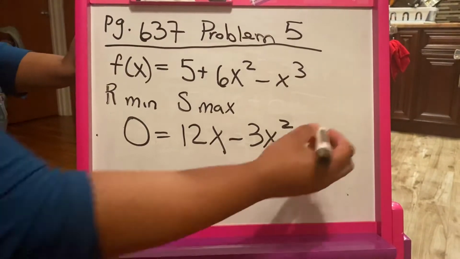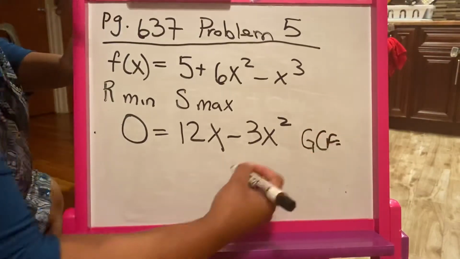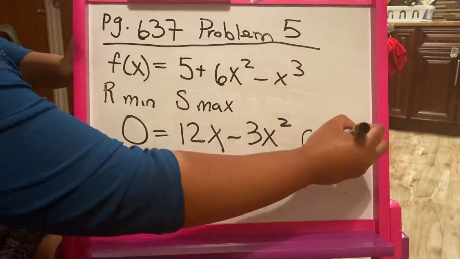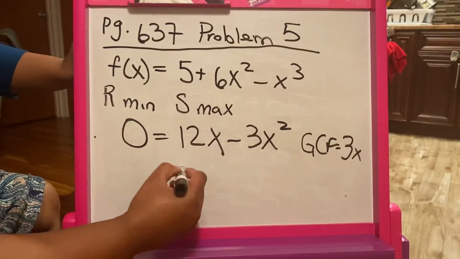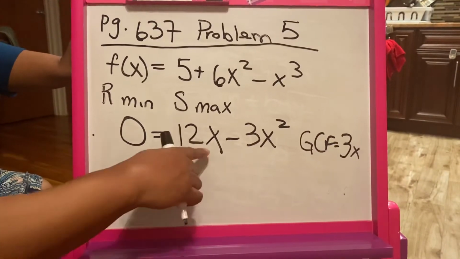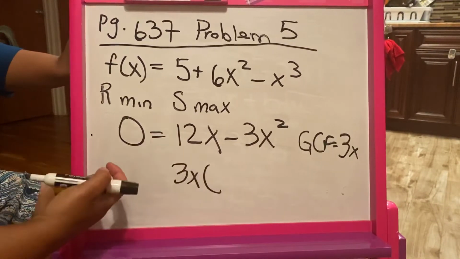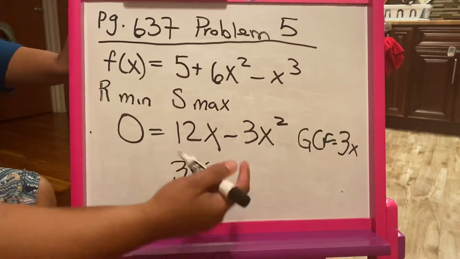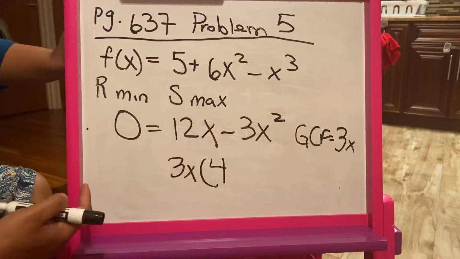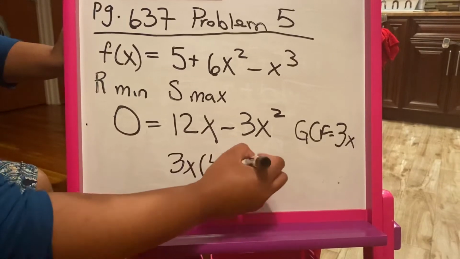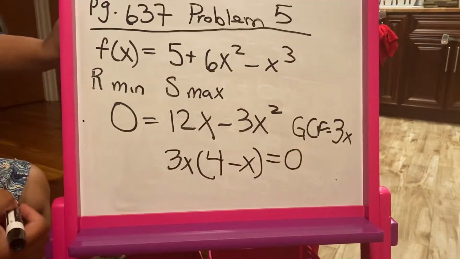By doing this by hand, I know that the greatest common factor is 3x. That means I could factor 3x from both terms, which means that when I factor out 3x, 12x becomes 4, and negative 3x squared becomes negative x. And I set all this equal to 0.